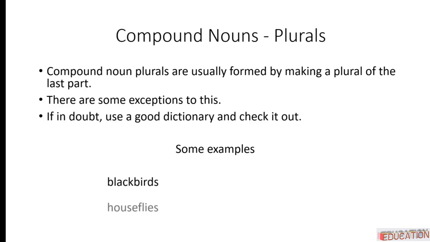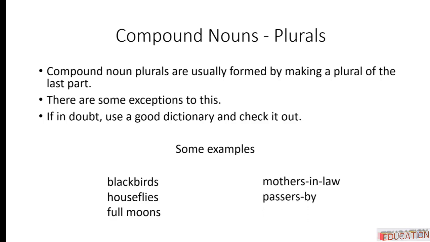Blackbirds, houseflies, full moons. So these three examples take the standard rule where the second part is made a plural using the normal rules of plurals. Some exceptions to this are, for example, mothers-in-law, passers-by, secretaries-general. And again, these are just some examples.